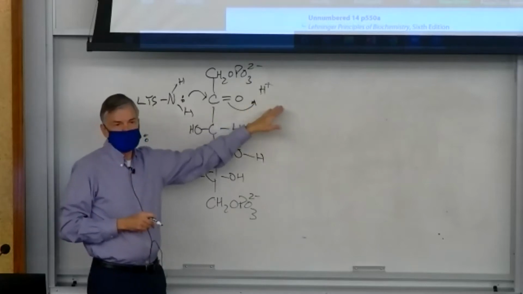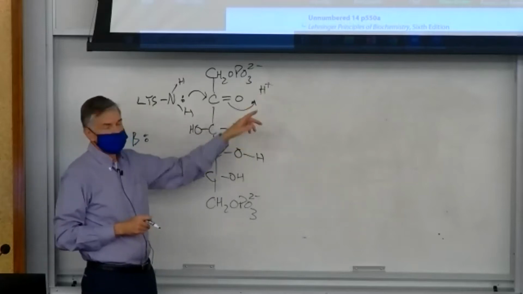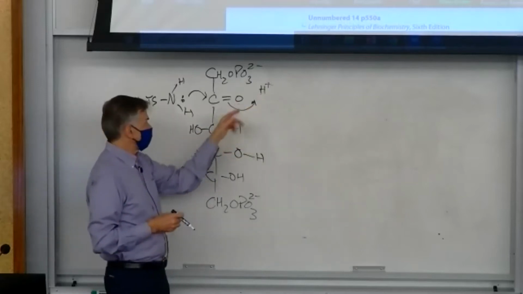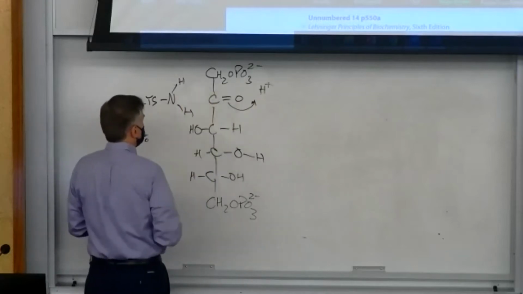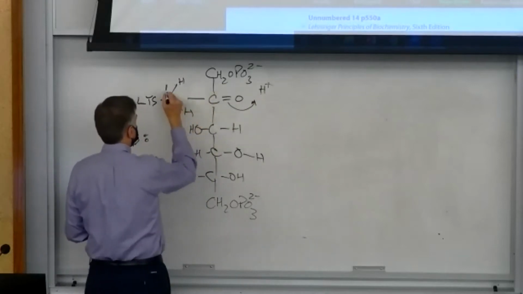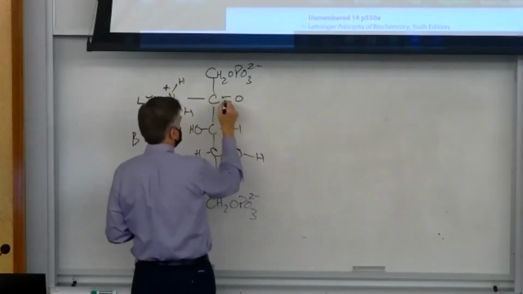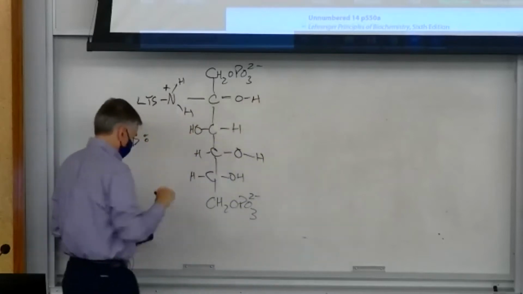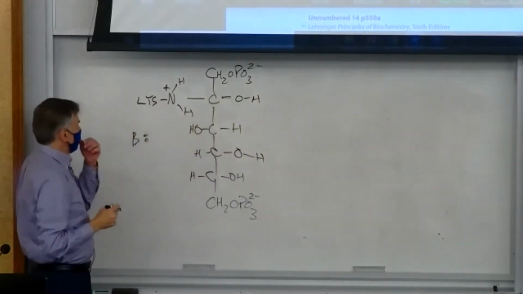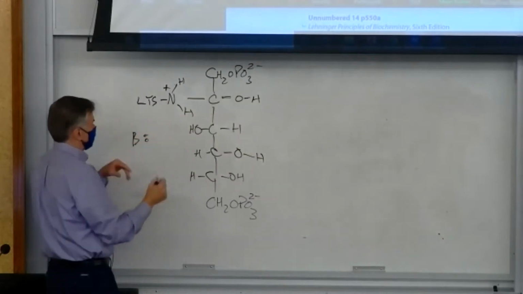I've seen other depictions where the proton comes from a protonated base near the active site. Suffice it to say that we now form a hydroxide out here temporarily. Okay. And the following reaction takes place.